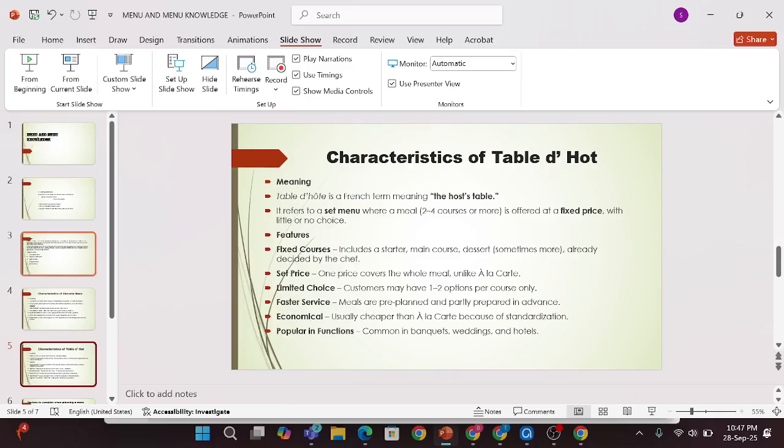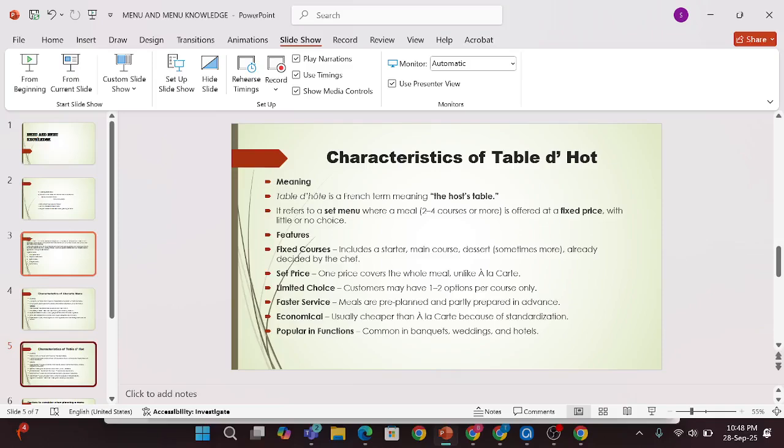Unlike a la carte, where each dish will account for its own price, the table d'hote is limiting you to one price, and normally it will include the starter, the main course, and dessert.